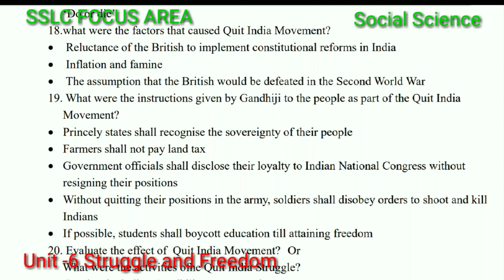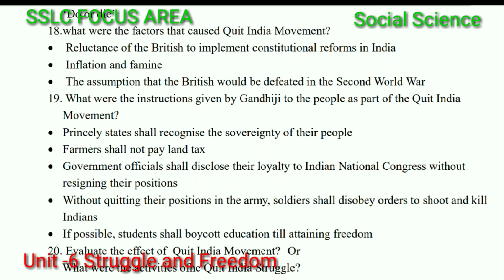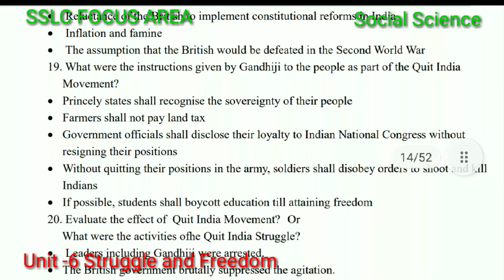Government officials shall disclose their loyalty to the Indian National Congress without resigning their positions. Without quitting their positions in the army, soldiers shall disobey orders to shoot and kill Indians. If possible, students shall boycott education till attaining freedom.